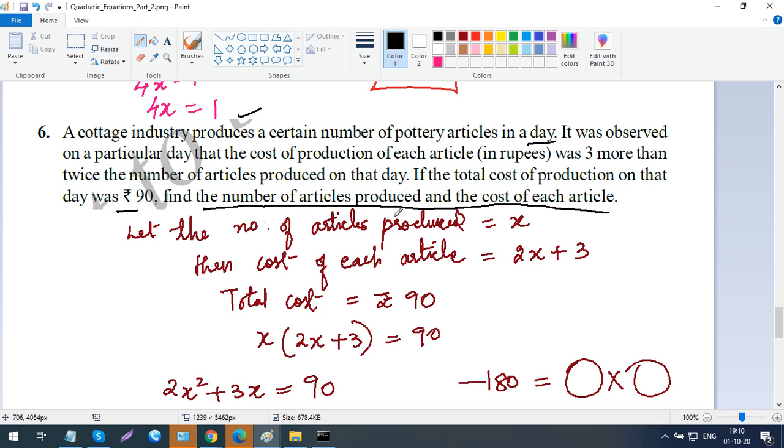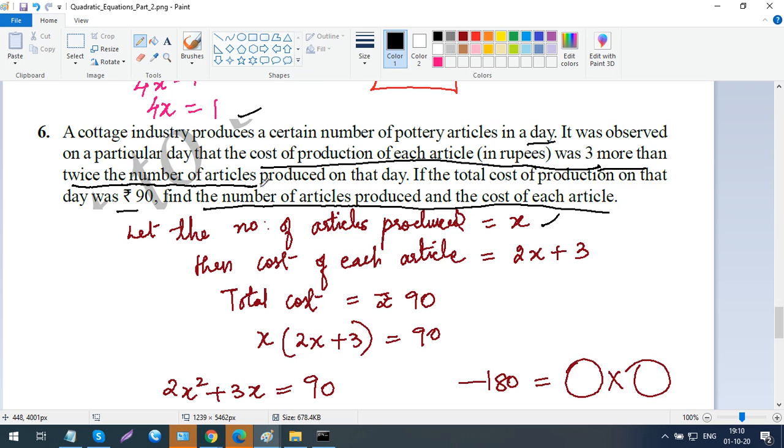So first let us assume, let the number of articles produced be x. Now what is the relation given for the cost? So we go back to the question and we read it. A cottage industry produces a certain number of pottery articles in a day. It was observed on a particular day that the cost of production of each article was 3 more than twice the number of articles produced on that day.